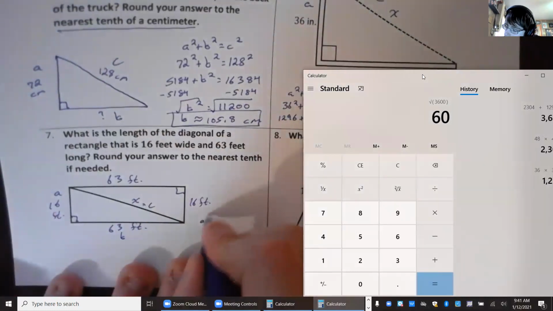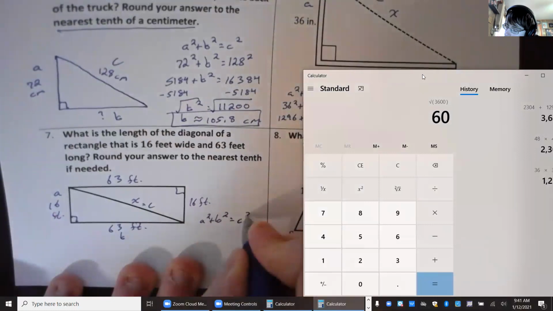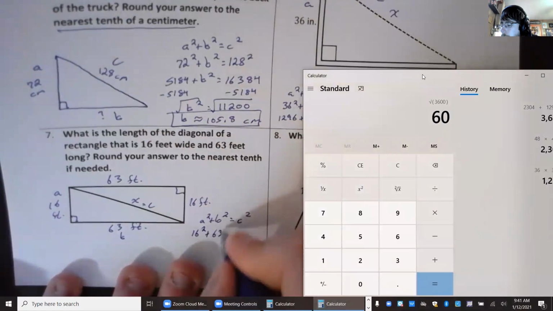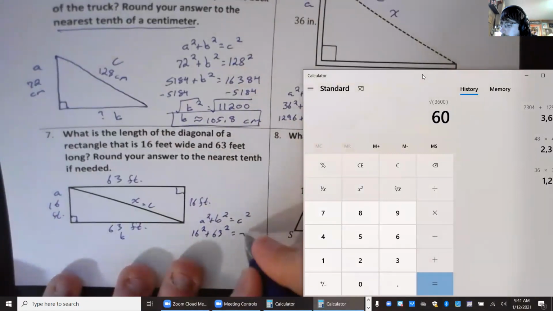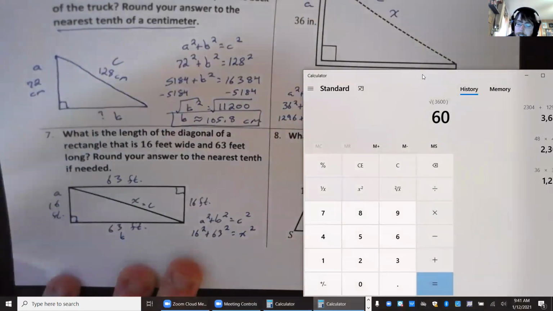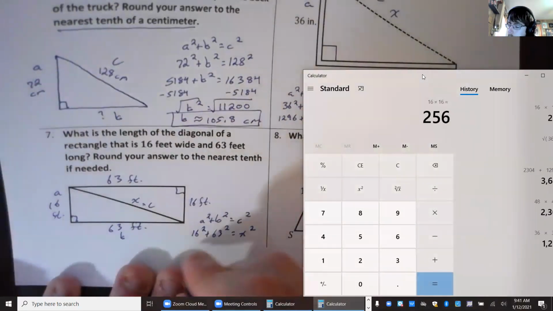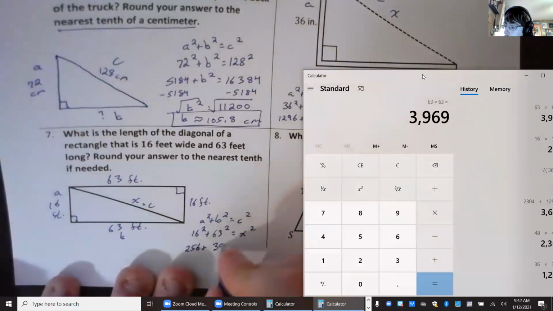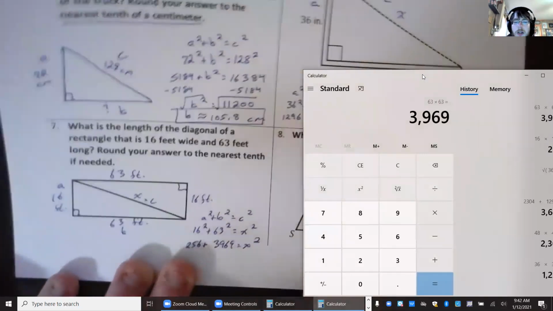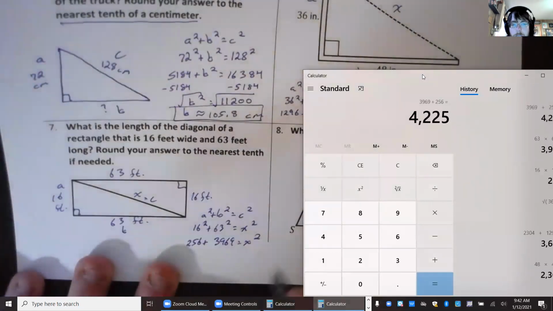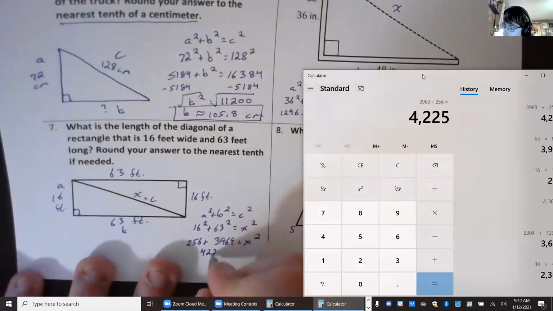So then we take A squared plus B squared equals C squared. A squared plus B squared is 16 squared plus 63 squared equals X squared. 16 squared is 256. 63 squared is 3969. 3969 plus 256 is 4225.